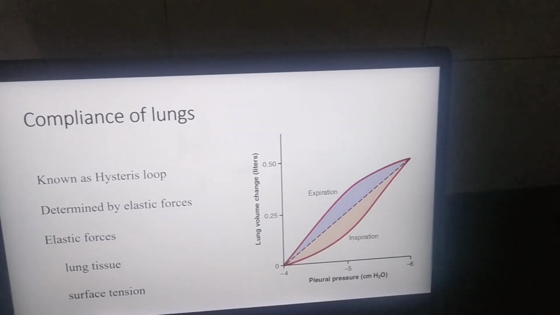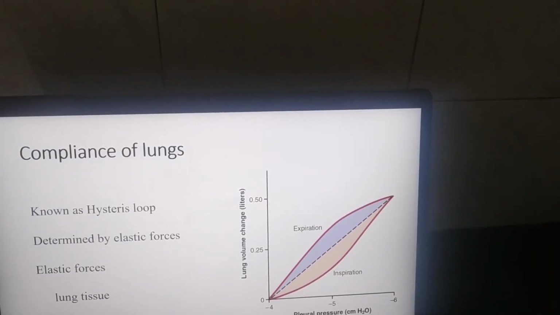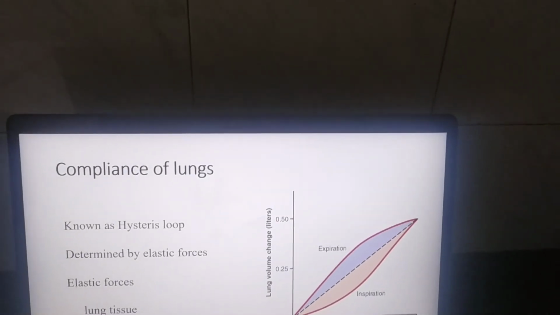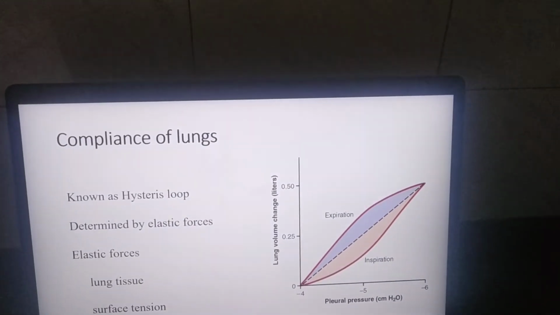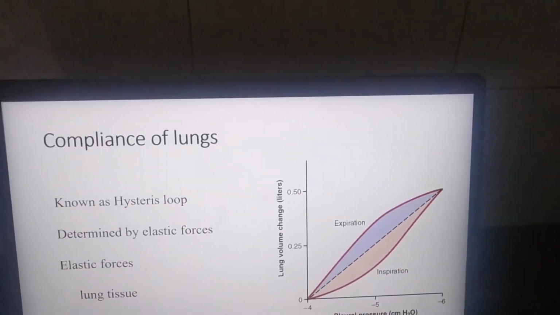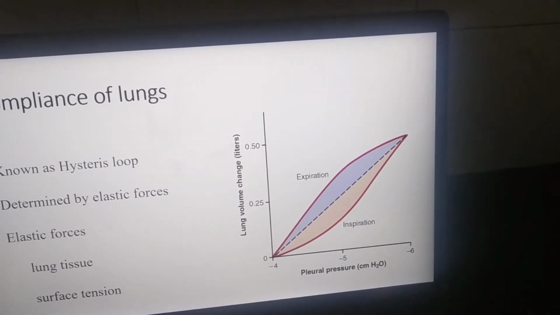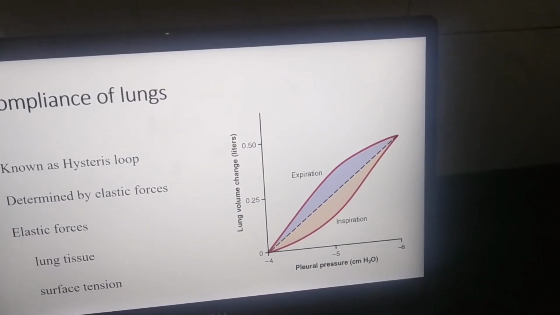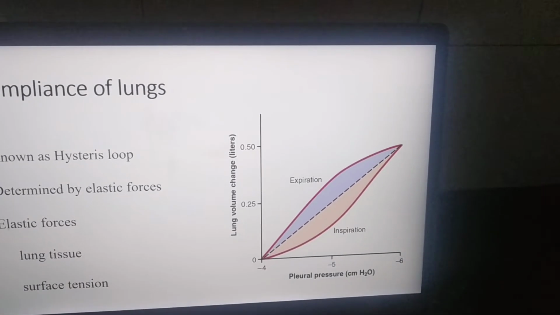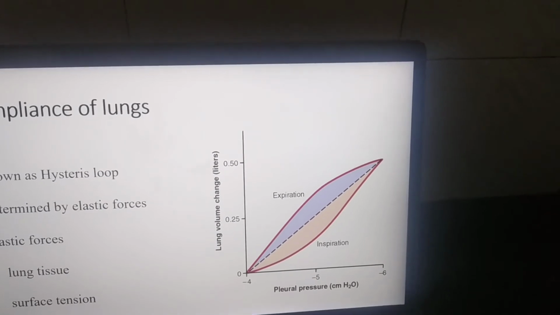But in the case of the compliance of the respiratory system, the inspiratory curve and expiratory curve are drawn differently. They follow different paths. For example, here you can see in this compliance diagram that the inspiration curve goes up when we change the pressure from -5, -4 to -6.